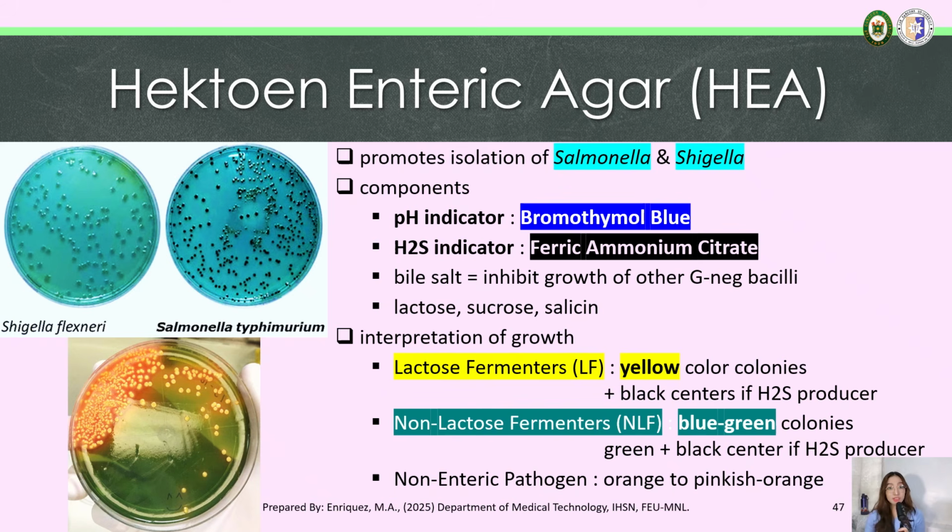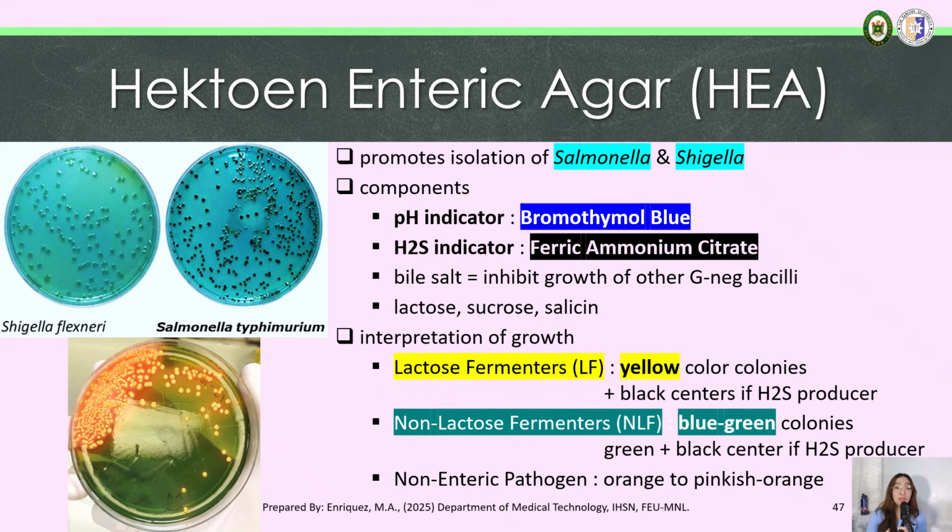Next is the Hektoen enteric agar, composed of bile salts and bromothymol blue. That's supposed to inhibit the growth of other gram-negative bacilli for better isolation of Salmonella and Shigella. All right, let's repeat. The Hektoen enteric agar promotes the isolation of Salmonella and Shigella, and it has bile salts and bromothymol blue to inhibit the growth of other gram-negative bacteria.